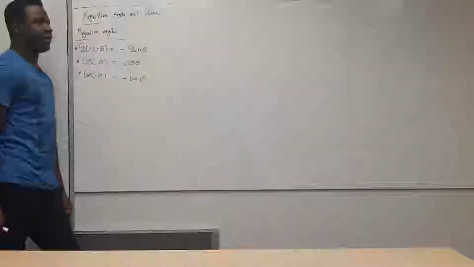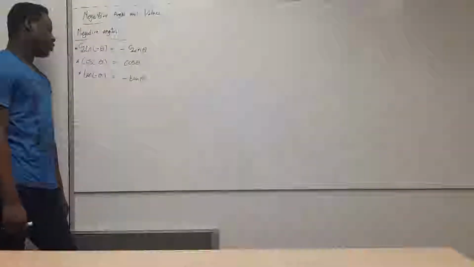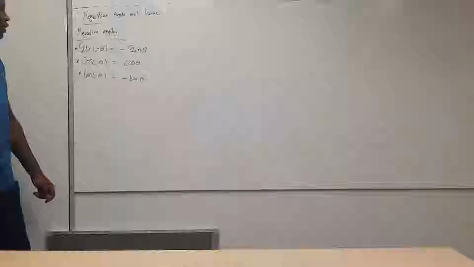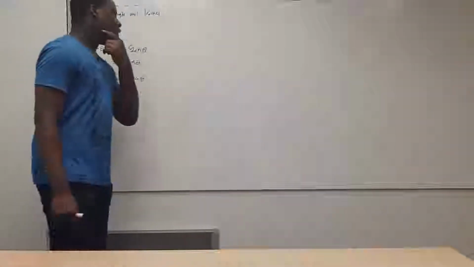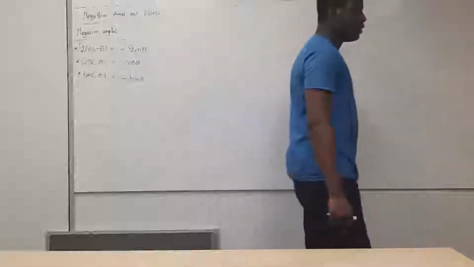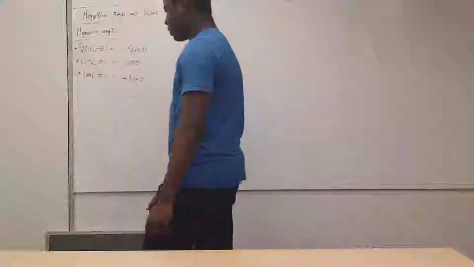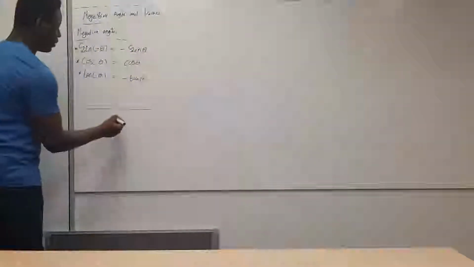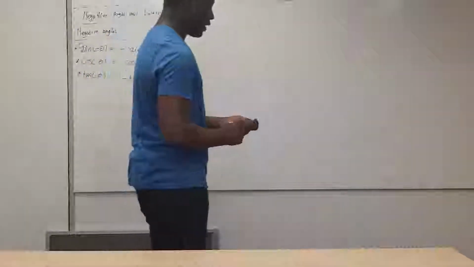Negative angle means if you have, say, sine of minus 210 or tan of minus 210, you can convert it to some number. I'm not just going to show the conclusion, I'm going to show how I came to it. I said all angles are measured from the positive x-axis.